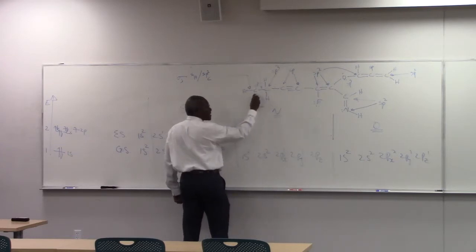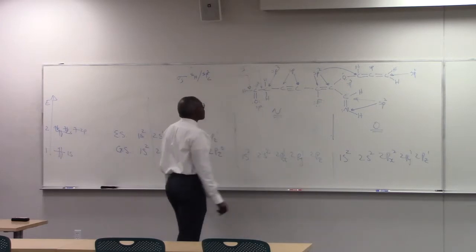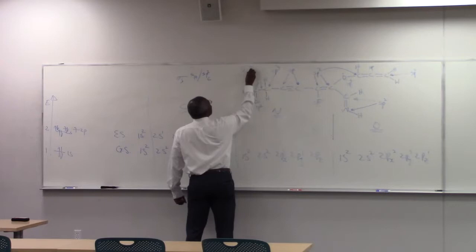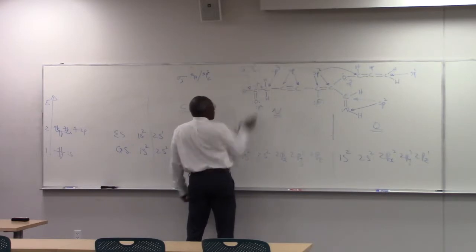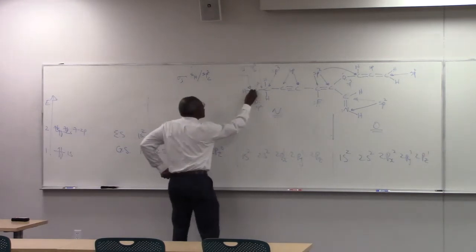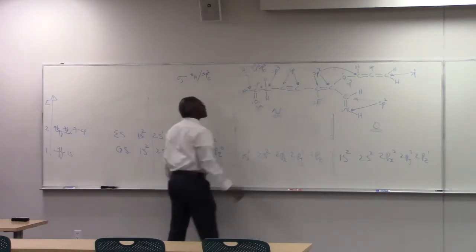That bond is a single bond, therefore it's a sigma bond, because all single bonds are sigma. It's made up of the sp2 of a carbon and the sp3 of another carbon.